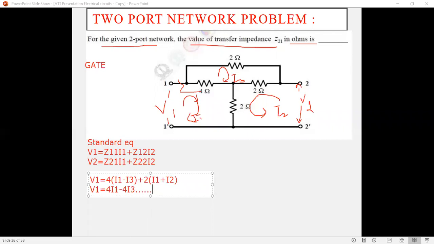After simplification, we get 4 I1 minus 4 I3 plus 2 I1 plus 2 I2. Now again simplify this. We get V1 equals 4 plus 2, which is 6 I1, plus 2 I2. So V1 equals 6 I1 plus 2 I2.